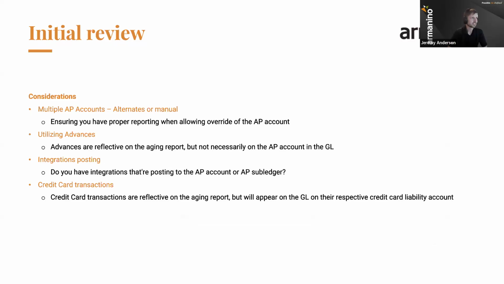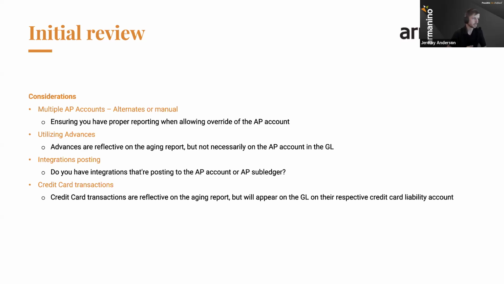Some considerations as we're reviewing is whether or not you're using multiple AP accounts. One thing to note about multiple AP accounts is that when running a general ledger or AP aging report, they will show up within a summary by those vendors. However, if you were to run a trial balance, you may have to include multiple AP accounts in order to reconcile to your subledger.